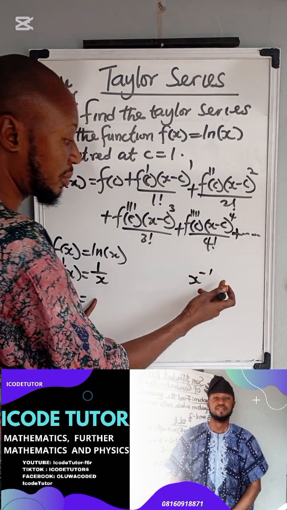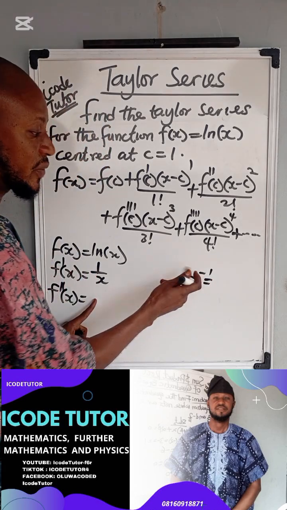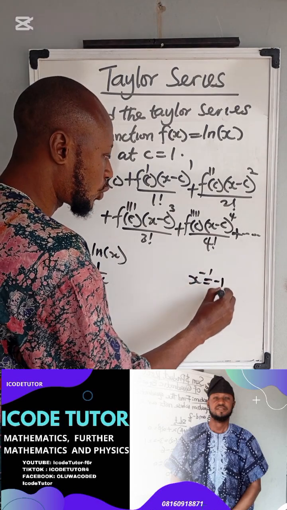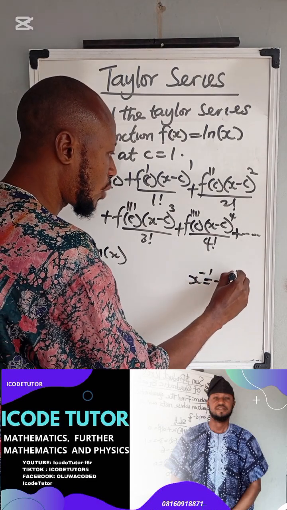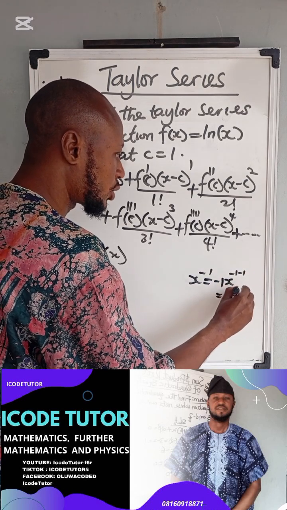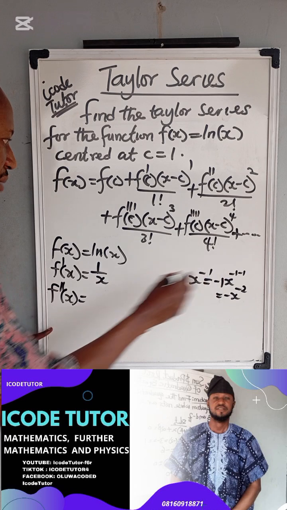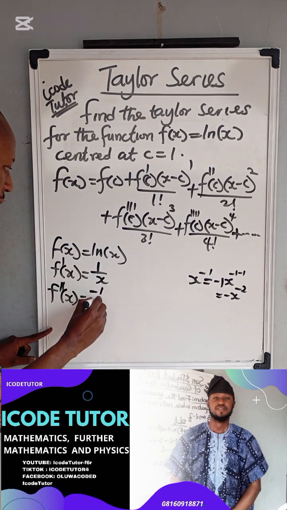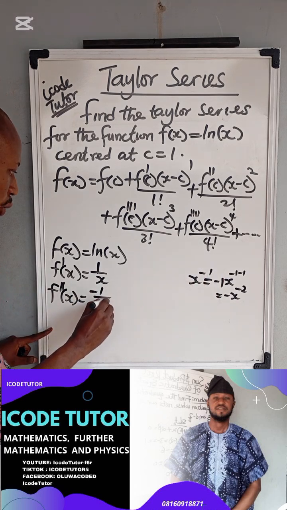Now let's use the power rule to differentiate this. That means that this one will be minus 1 x raised to power minus 1 minus 1. That means that we have minus x raised to power minus 2. That means that this one now is minus 1 over x raised to power 2.